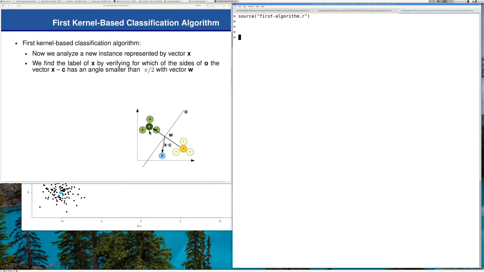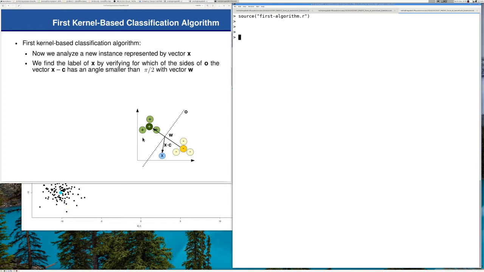Suppose we've got a vector like this, and this angle is greater than 90 degrees in this scenario. As it is greater than 90 degrees, when I multiply this using our inner product by x minus c, what I'm going to have is a negative result.